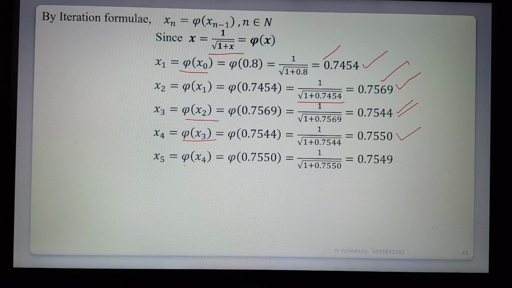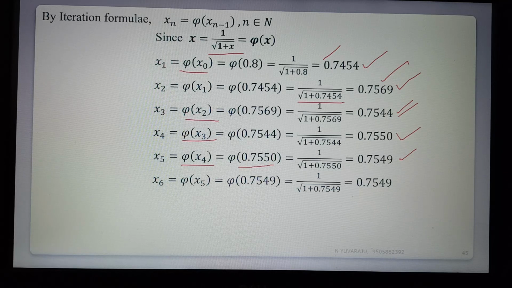Fifth approximation, phi of x4 is 0.7549. Sixth approximation, phi of x5: substituting here 1 by square root of 1 plus 0.7549, after simplification we get 0.7549, and so on.